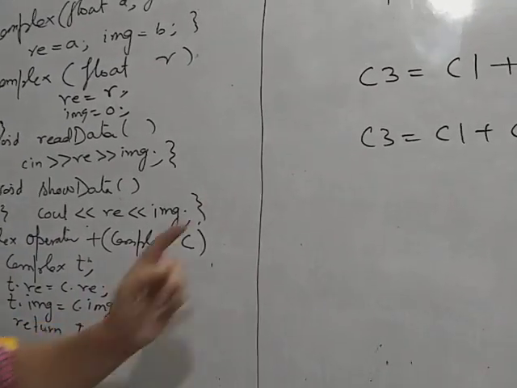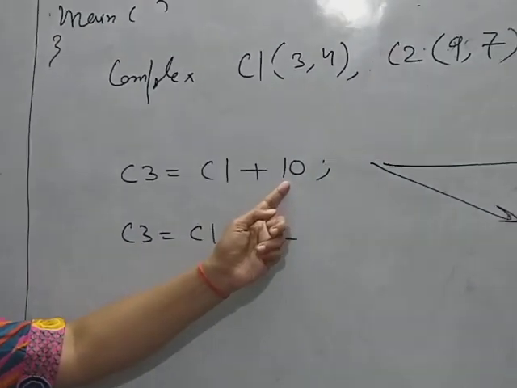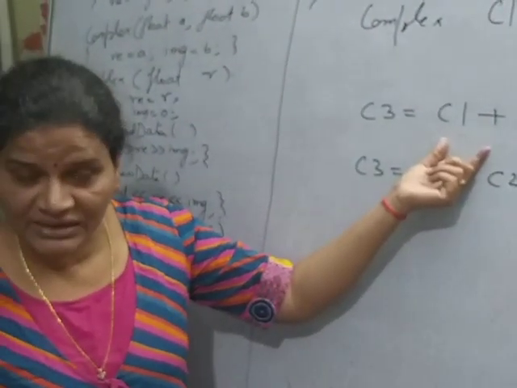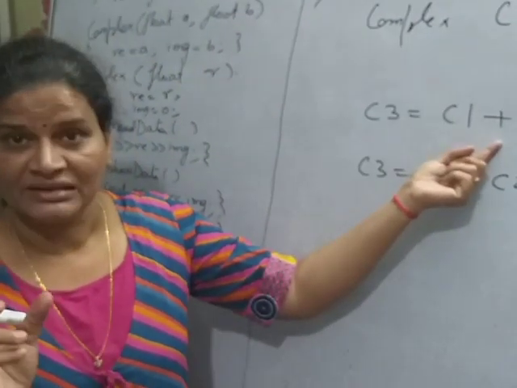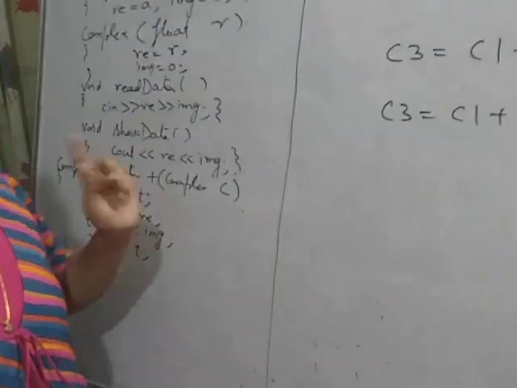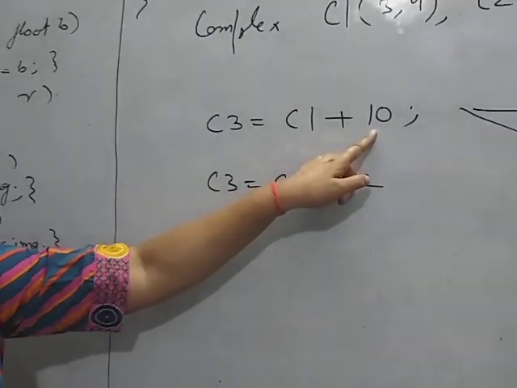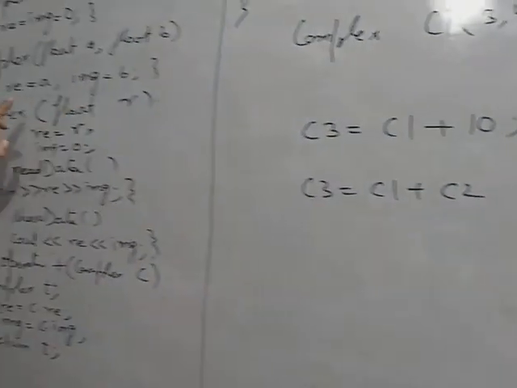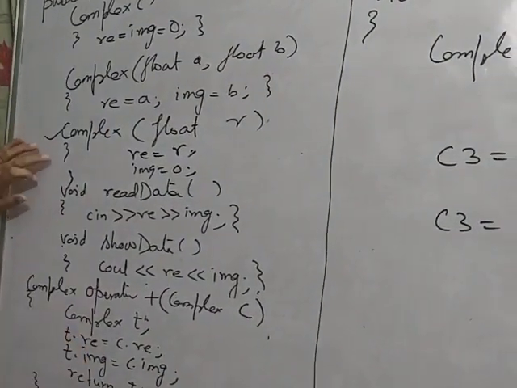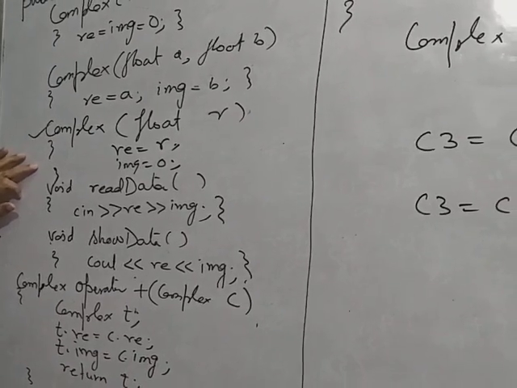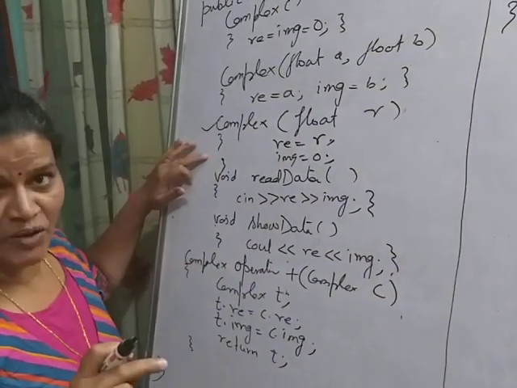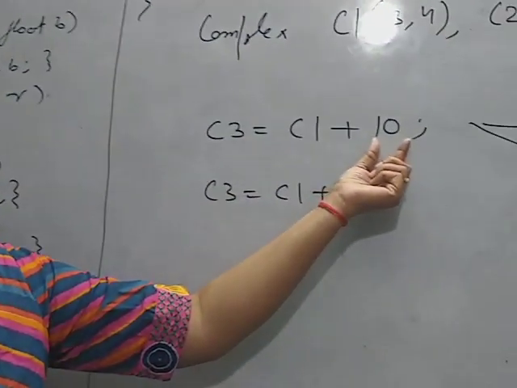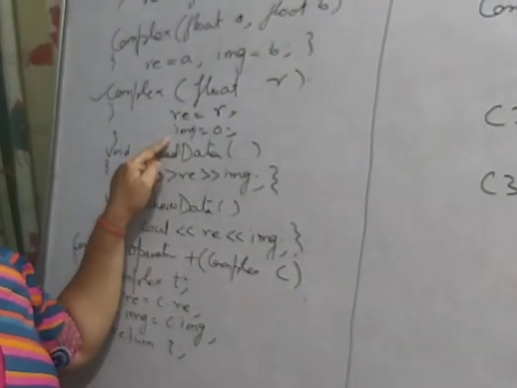But here I want to add basic data to the complex class. So the compiler first checks whether there is an overloading of plus with a basic type as an argument. It is not present, so the compiler searches for the one argument constructor to create a nameless object of class complex, with its real part initialized to 10 and the imaginary part 0.